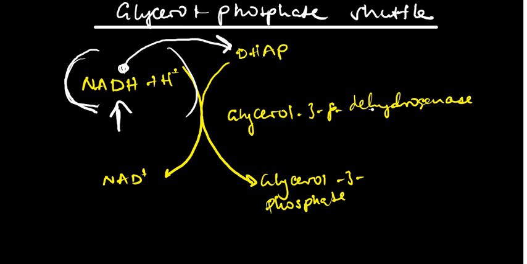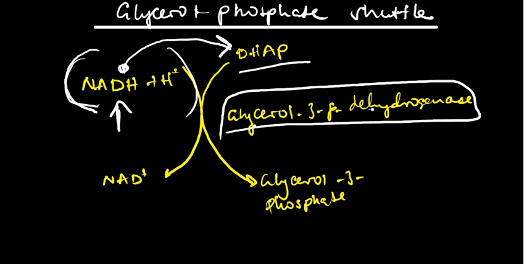It reduces this molecule to glycerol 3-phosphate by the cytosolic enzyme glycerol 3-phosphate dehydrogenase. Now this glycerol 3-phosphate is the one that then enters the mitochondria.